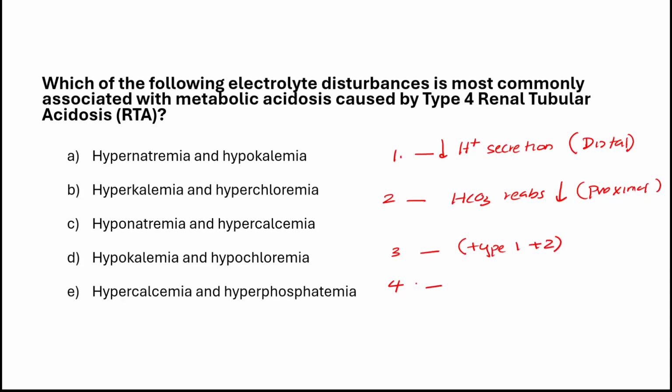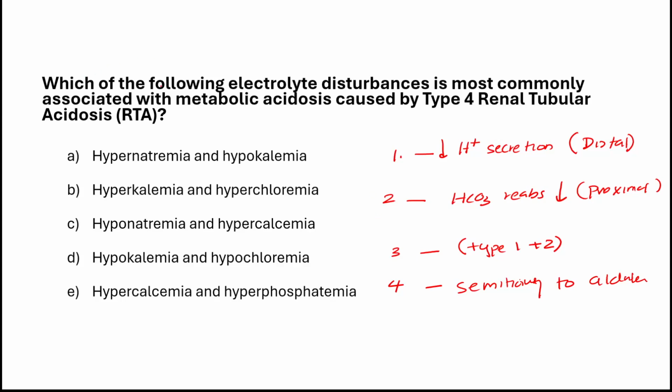Then type 4 is a problem associated with the inability of the tubules to act in the presence of aldosterone. So it has reduced sensitivity to aldosterone. So these are the 4 types that you come across.